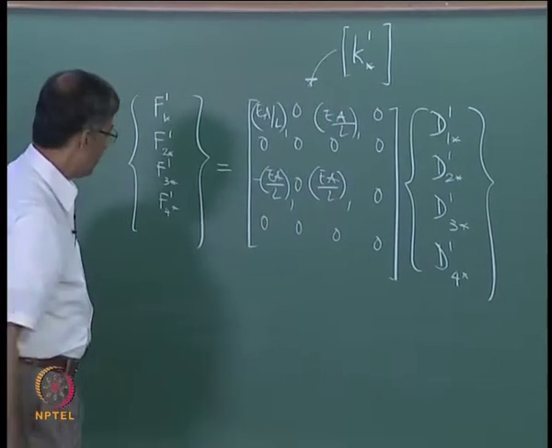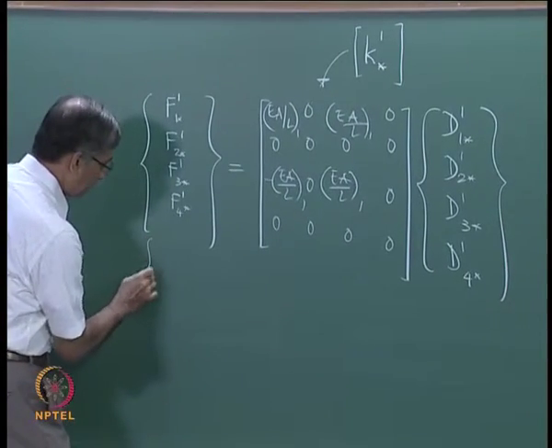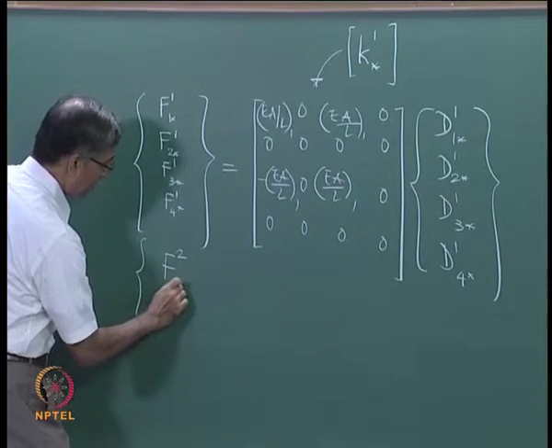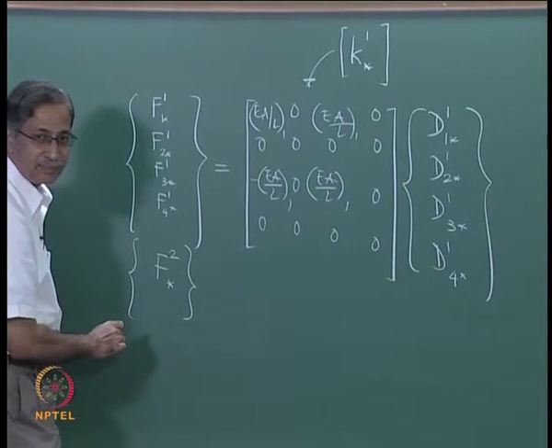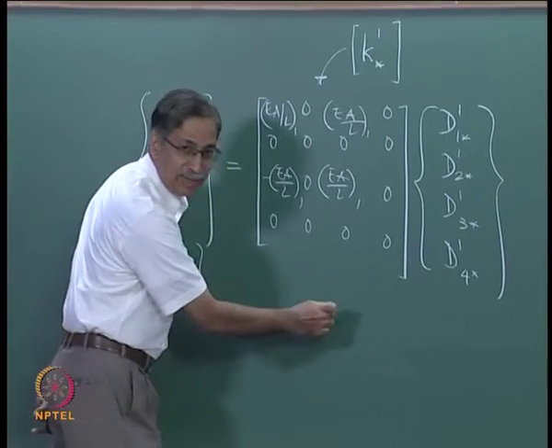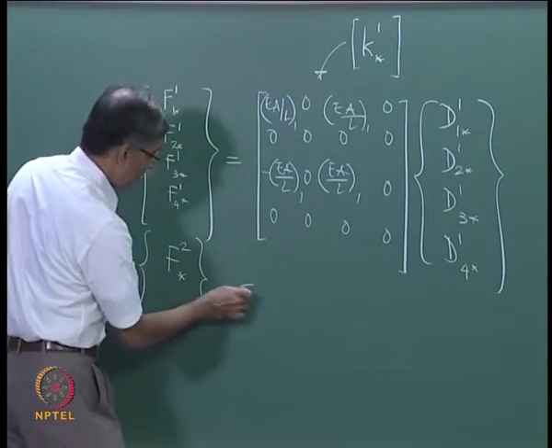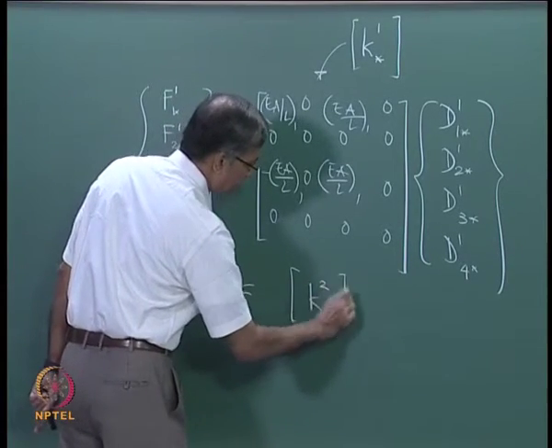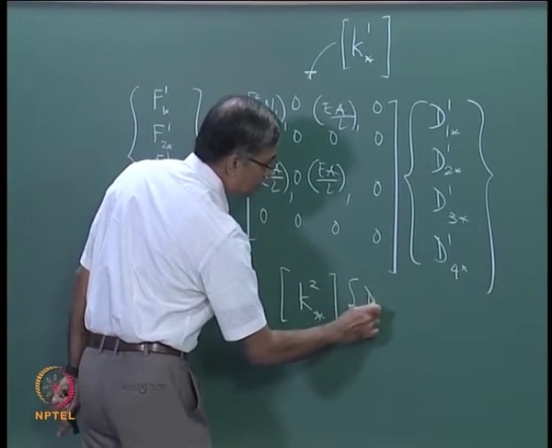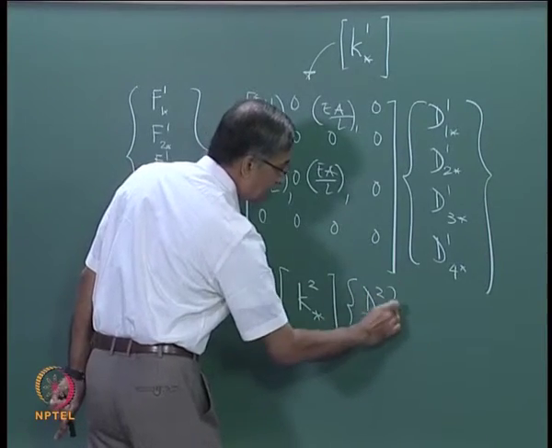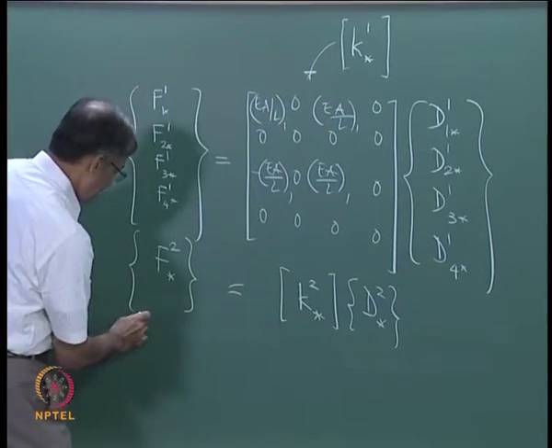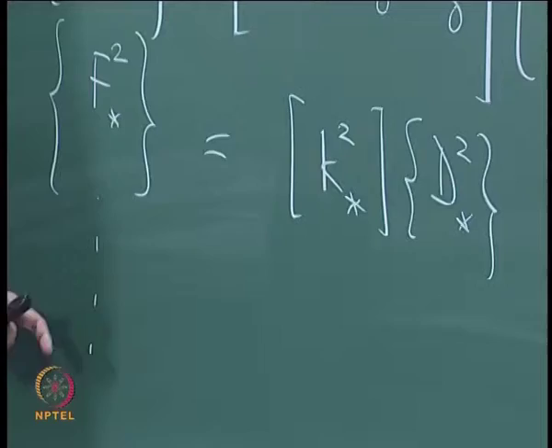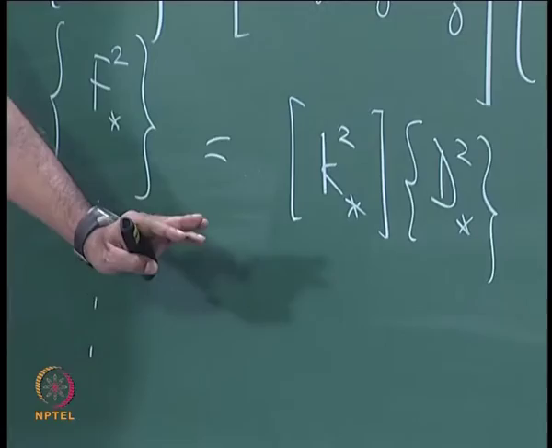Right. Now if I take the next one, which I will put as F2 star, I get another one like that, right, is equal to K2 star into D2 star. Does this make sense to you? Similarly, let us say there are m elements, I can write these matrices, right.